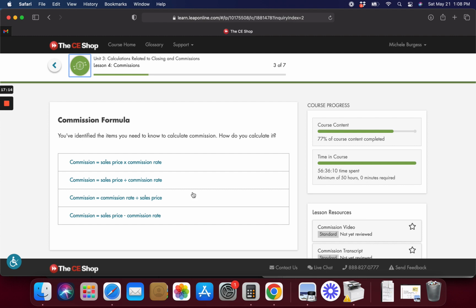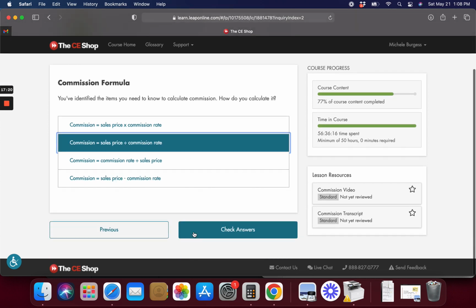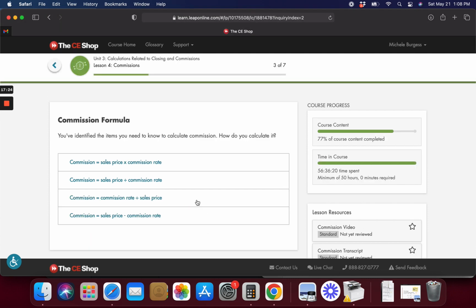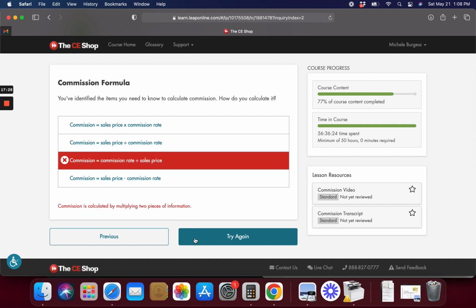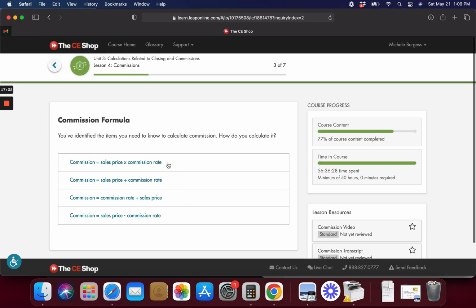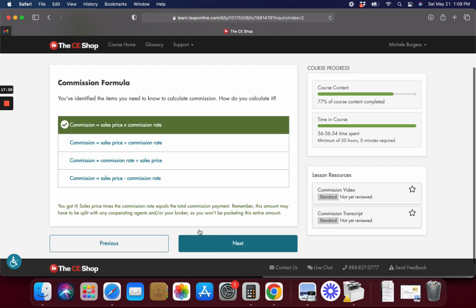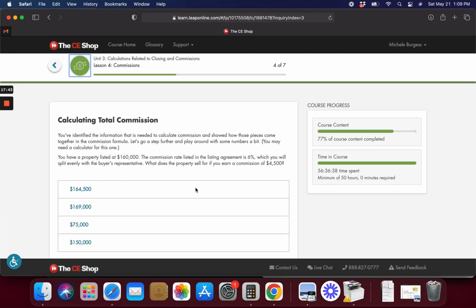How do you calculate your commission? Sales price divided by commission. Two pieces of information. Commission equals sales price. No. Multiplying, okay. Sales price times commission. Okay. Sales price times your commission rate.